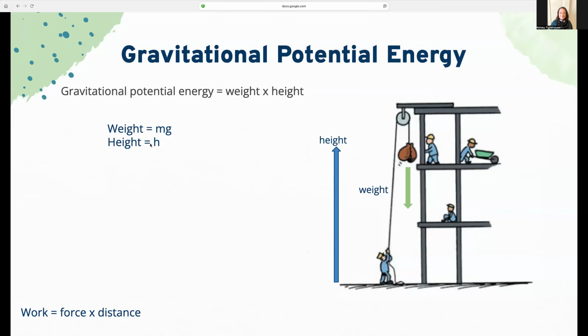Height you can just list as h. And we get an equation here for the potential energy as mass times acceleration due to gravity times the height of the object. So this tells us that whatever position our object is in, and if we know its mass, we know its potential energy. And again, this just represents potential energy. It just takes up less space.